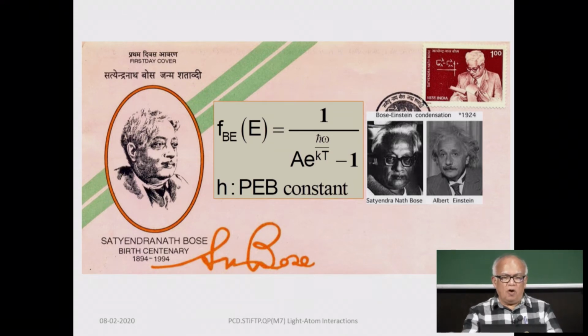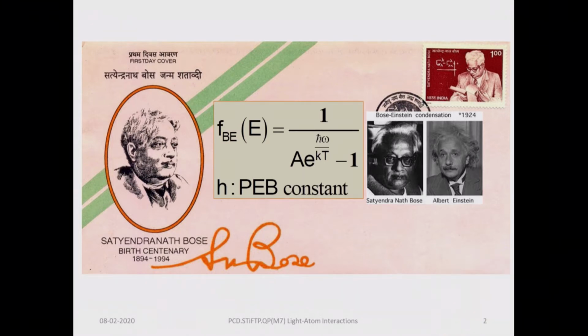So I like to call h not just the Planck's constant, but the Planck-Einstein-Bose constant, because I think everybody's contribution, not just Planck's alone, but Planck, Einstein and Bose contributions are important to recognize the quantum of the electromagnetic radiation.